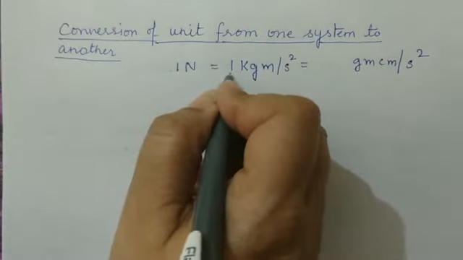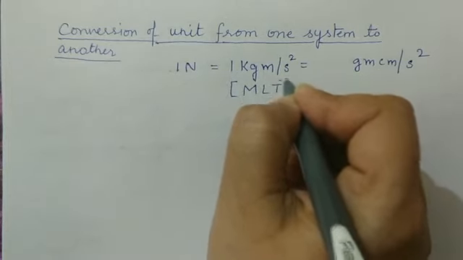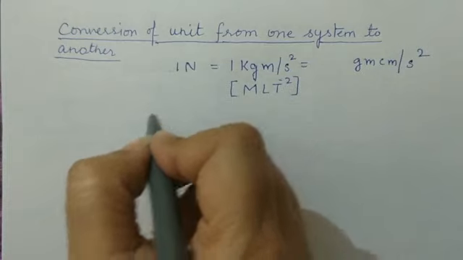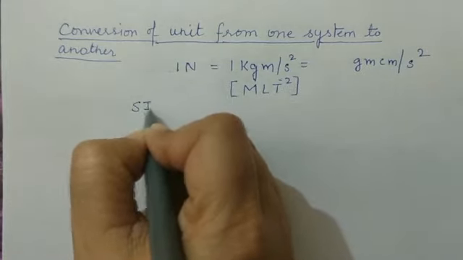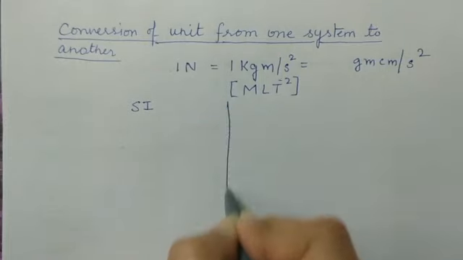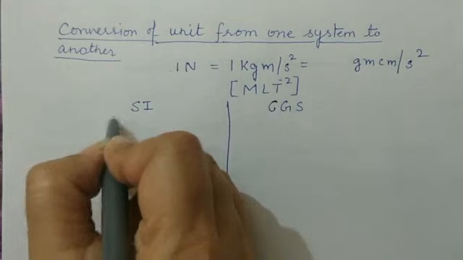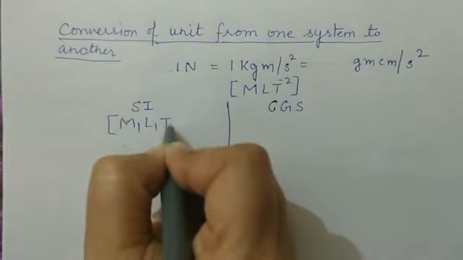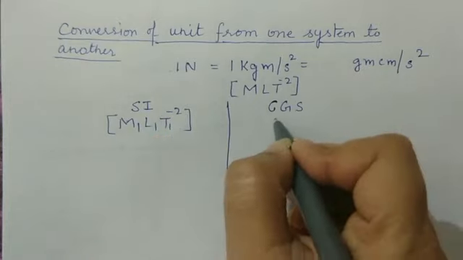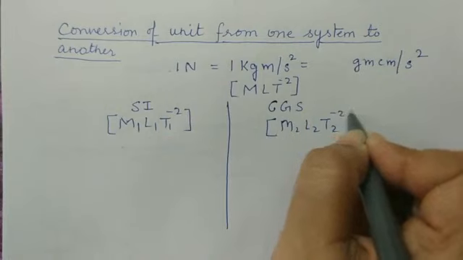Dimension of force is mlt minus 2. So we'll take two systems. One is SI system and the other is CGS system. In this, suppose dimension of force is m1 L1 T1 minus 2, and in CGS we assume m2 L2 T2 minus 2.